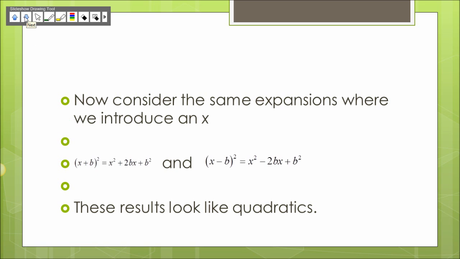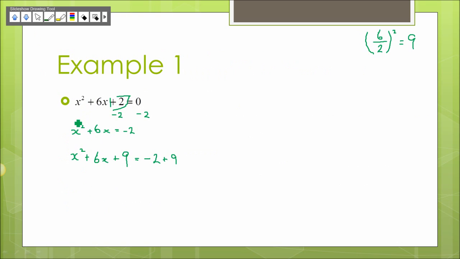So getting back to our question, we know that this is just 3 squared, and this happens to be 2 times 3. So that must mean that the b, or the number that we're referring to in that expansion, must be the number 3. So if we were to factorize this left-hand side, it would come to be x plus 3 all squared. And if we were to simplify the right-hand side, minus 2 plus 9 is 7.